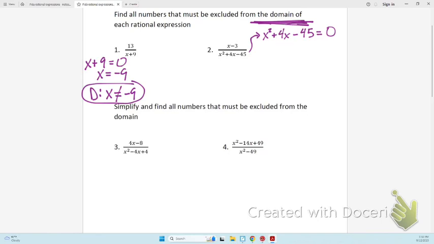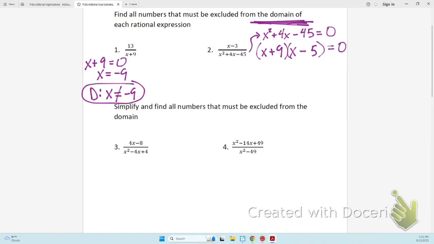So what you do is you factor it, and then you set each factor equal to 0 and solve. So, for example, two numbers that multiply to -45 but add to 4 are 9 and -5. Now, looking at that, if I was to plug in -9, I would get 0, and that would give us 0 in the denominator.